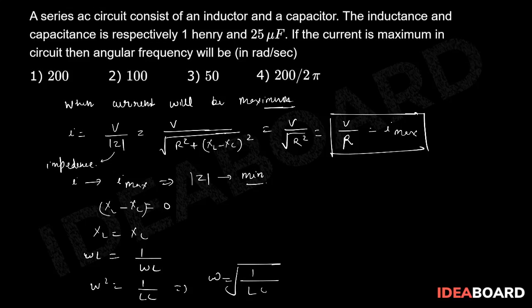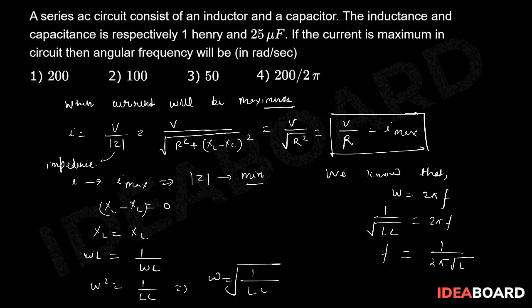Now we know that omega is equal to 2 pi f only, right? So omega, which is under root of 1 upon LC, is equal to 2 pi f. So f will be 1 upon 2 pi under root of LC.